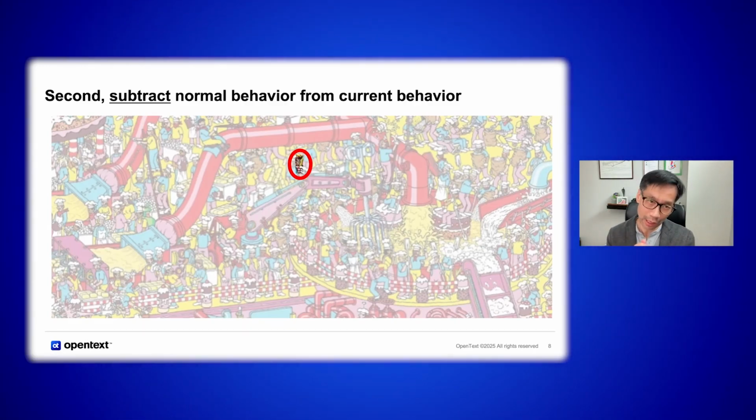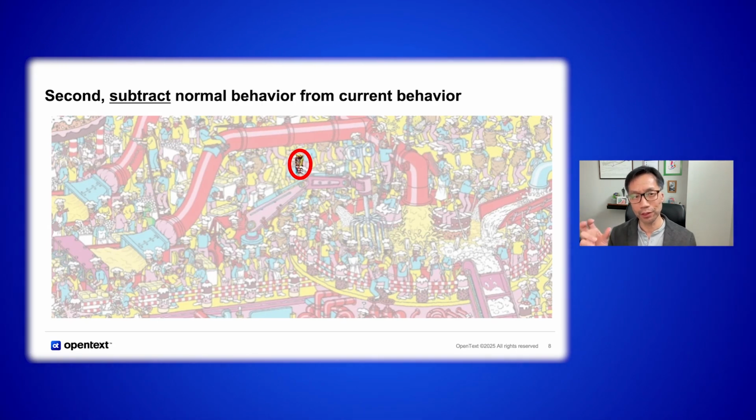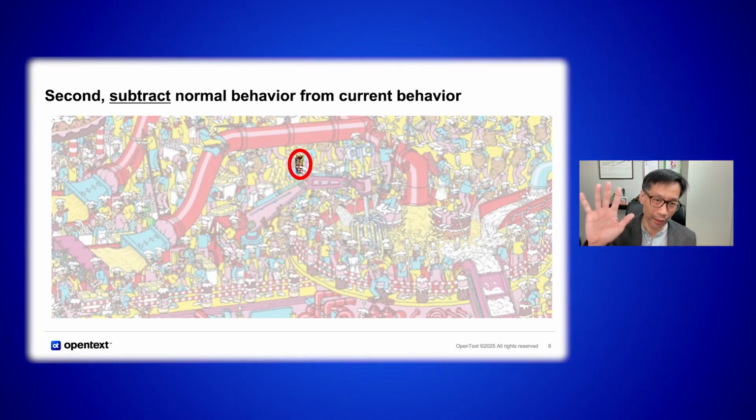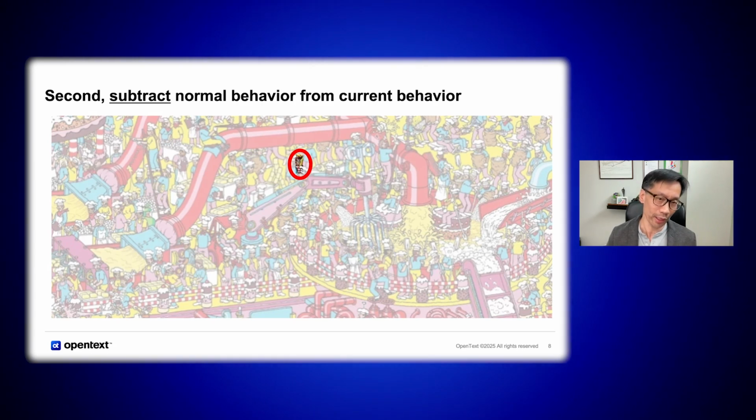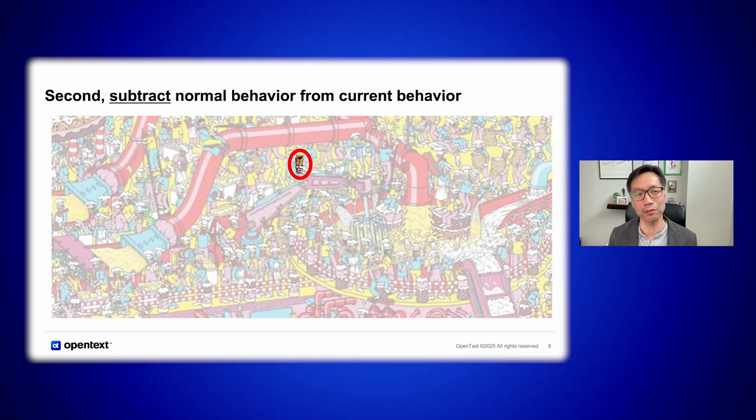What that also means, however, is that if someone is behaving abnormally, then the difference between the current behavior and the number that represents normal behavior becomes really big. And what happens is that everyone who behaves normally fades away into the background because the difference approaches 0. And everyone who's behaving abnormally doesn't fade away. And that's how you find Waldo, right? So that's the first 2 steps, right?